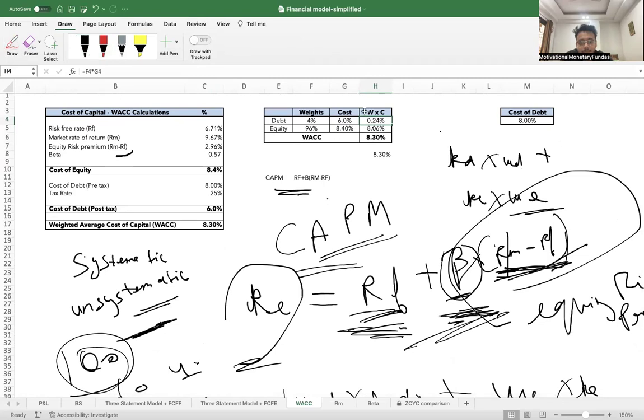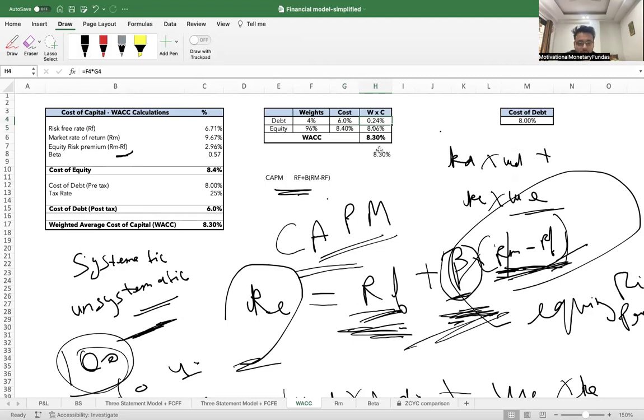If you see, weights 4% is debt. Our target debt to equity ratio was 4%. तो अगर 4% debt है, common sense, 96% is equity. Cost of debt is 6%. Post tax, always post tax. Remember that cost of equity is 8.4%. We calculated the WACC.